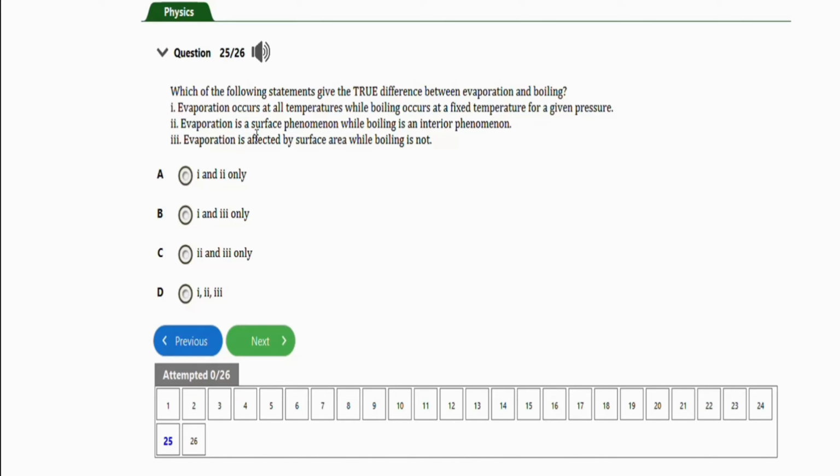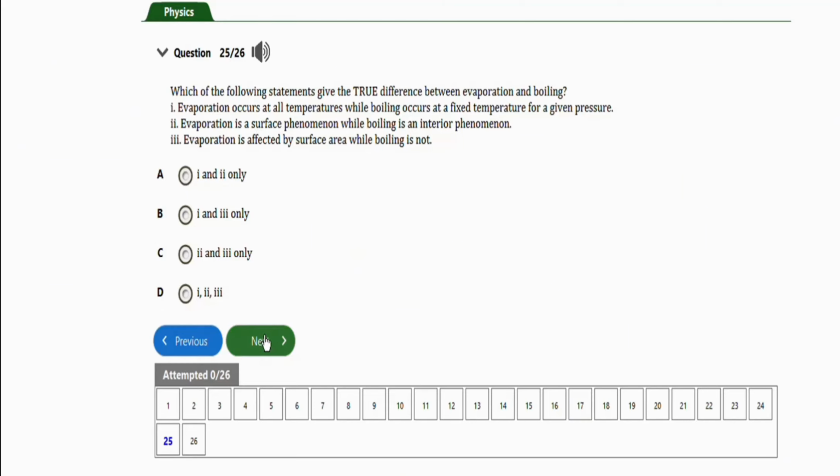This is also correct. So the three of the list we have here are correct. So the right option is D. That's it for this question.